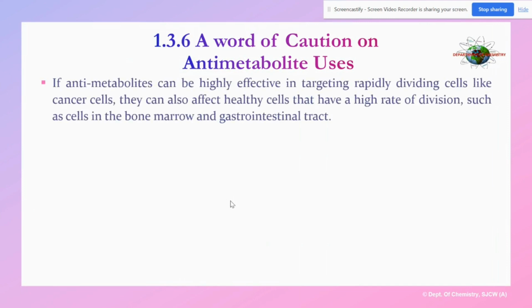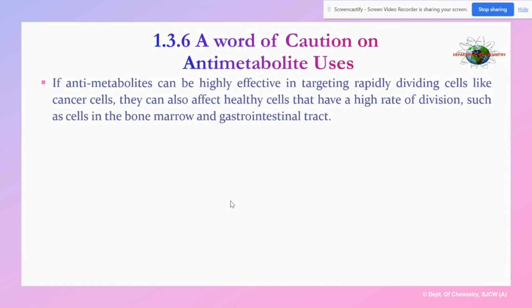Antimetabolite uses. A word of caution. Antimetabolites can be highly effective in targeting rapidly dividing cells like cancer cells, but they can also affect healthy cells that have a high rate of division, such as cells in the bone marrow and gastrointestinal tract.